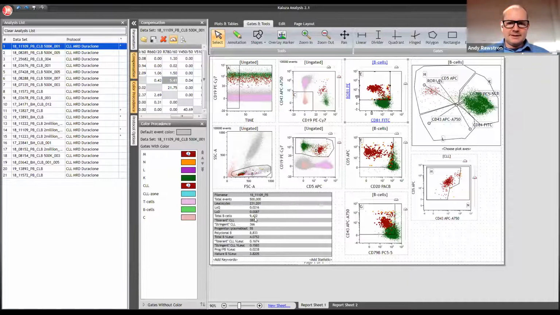So then we have these total number of B cells, which are things in there and there and there. Tolerant CLL and stringent CLL. So stringent is things that are in there, there, and there. And the tolerant ones are there, and also in there. And we'll see that come into play later on.